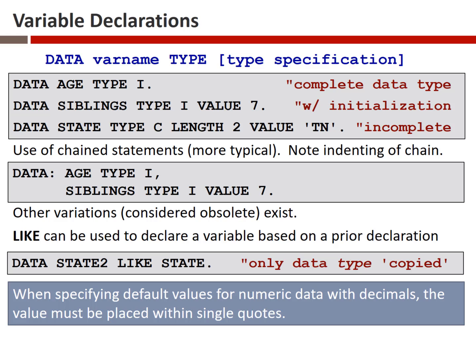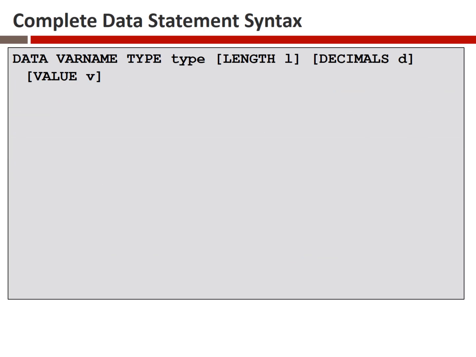So what I have at the top of the slide here related to variable declarations is accurate, but it's incomplete. Let me show you a more complete data statement. Data var name, type, then the name of the type, length, if we're looking at an incomplete data type, decimals, if we're looking at something with a decimal portion, and then value, if we're looking at something that's going to have a default value.